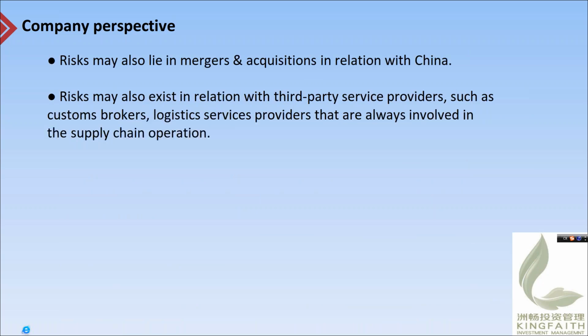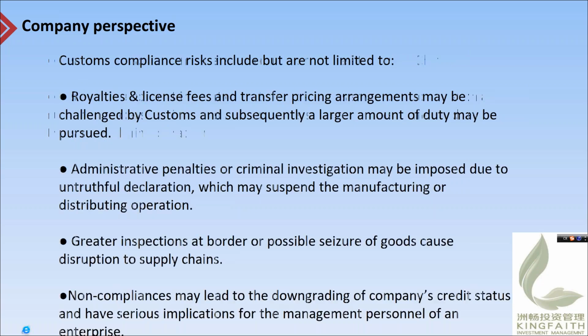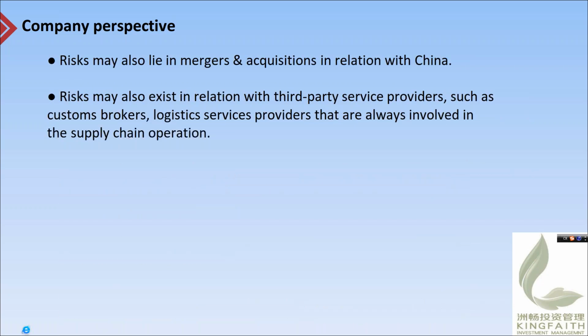So the risks not only stay with the daily operations, but may also lie in mergers and acquisitions in relation to China.